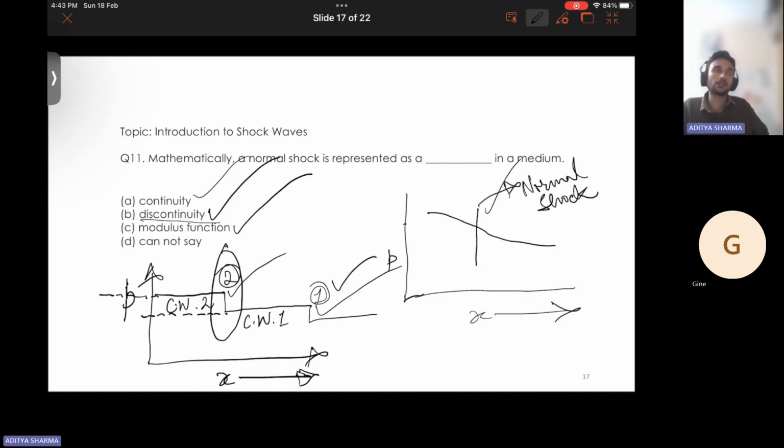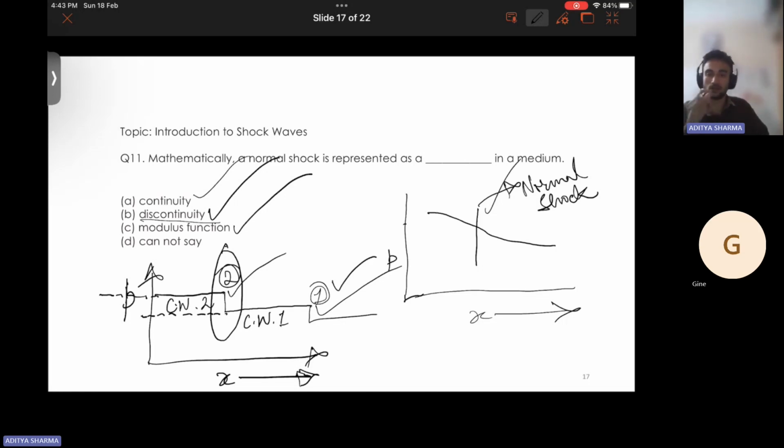In the lectures it has also been discussed that this is a limiting case of the merger of compression waves, in which the time tends to zero. If the time is tending to zero, obviously it's a limiting case, all right.